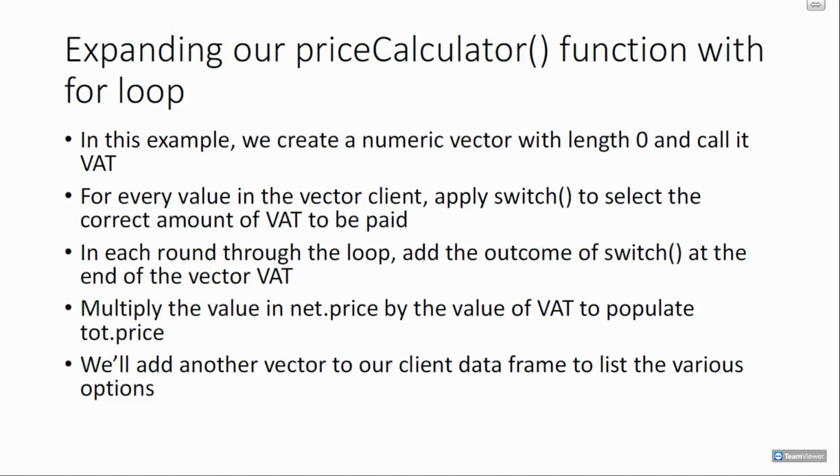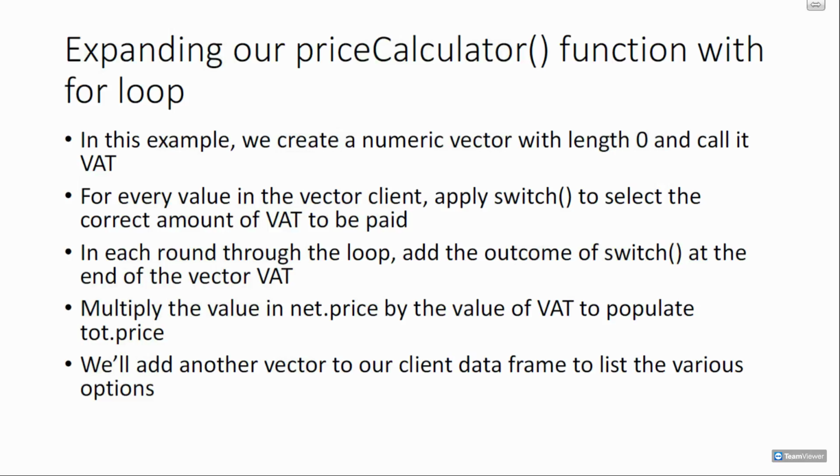If you remember the price calculator function from the previous session, based on the number of hours you worked, we have a price per hour, and we calculate the product of the number of hours and your price per hour as the total price. And then based on the client, we assign the tax. So let's combine everything in this example.